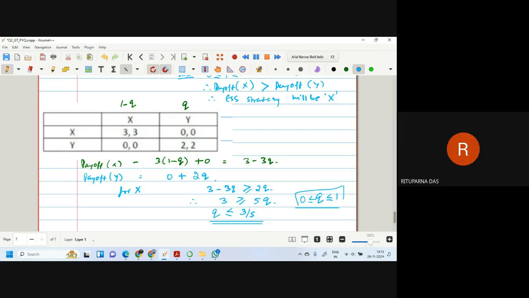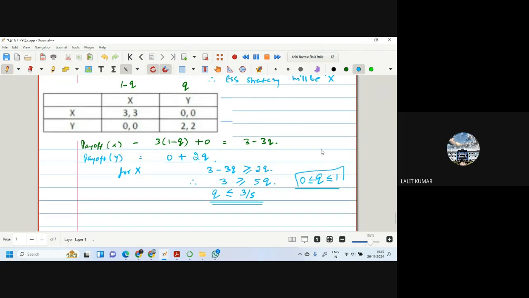So if q is below 3 by 5, can I say I can take q equal to 0? For q equal to 0, what will the payoff of x be? 3. And the payoff of y will be 0, not 2, for q equal to 0.